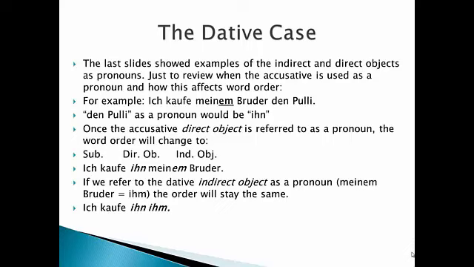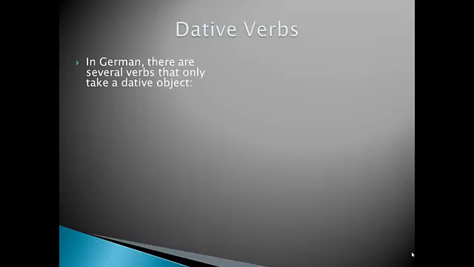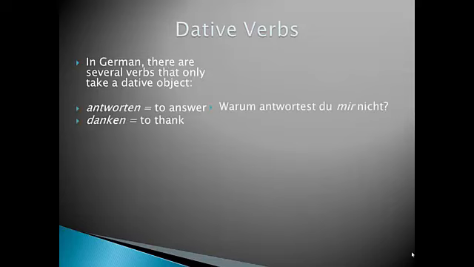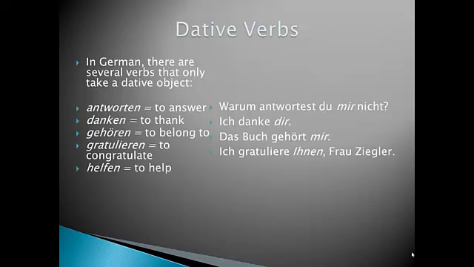Now let's have a look at another dative component, the dative verbs. So in German there are several verbs that only take a dative object. They are antworten, danken, gehören, gratulieren, helfen.